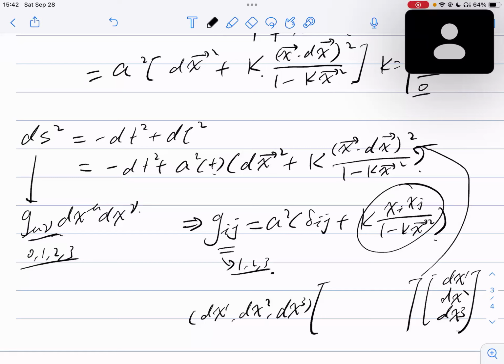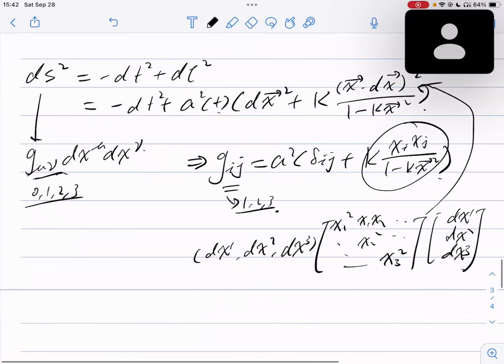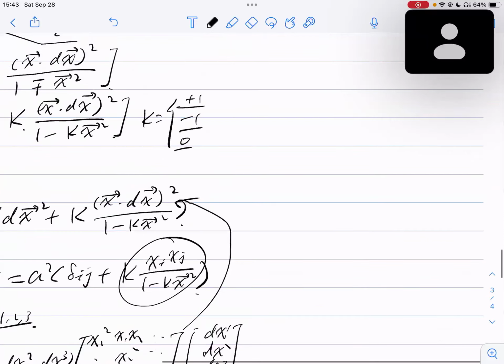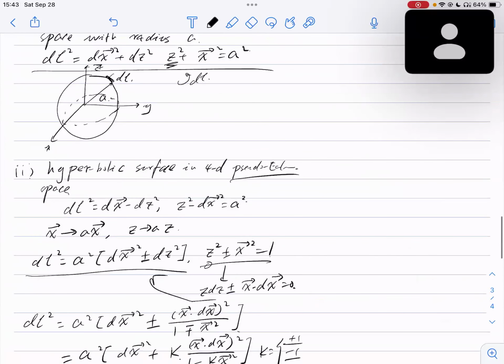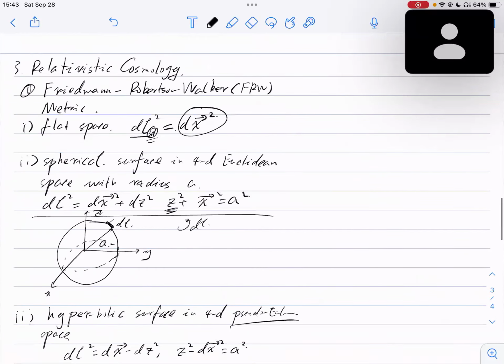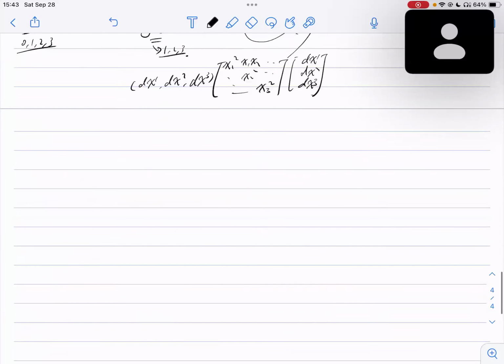So we can write down the components of this matrix: x1 squared, x1 x2, x2 squared, x3 squared. And it's not difficult at all. So this is the famous FRW metric, and of course we can write it in a more beautiful way in spherical polar coordinates.